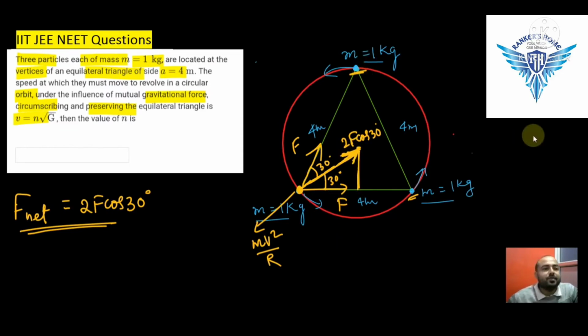As we know, in an equilateral triangle the centroid divides the height in a 2:1 ratio.